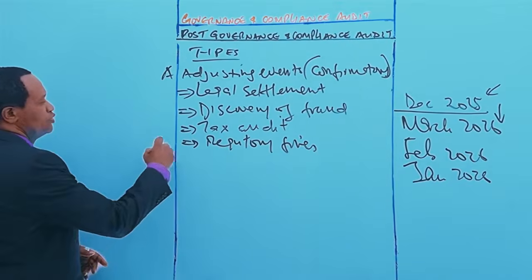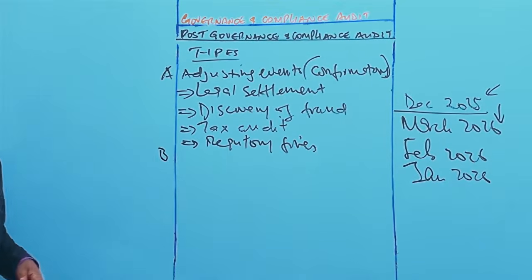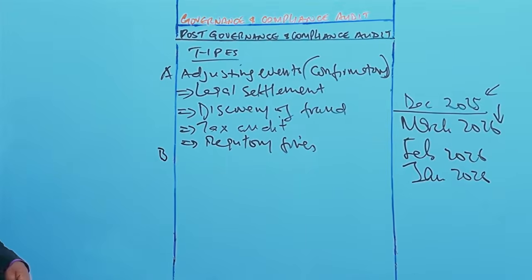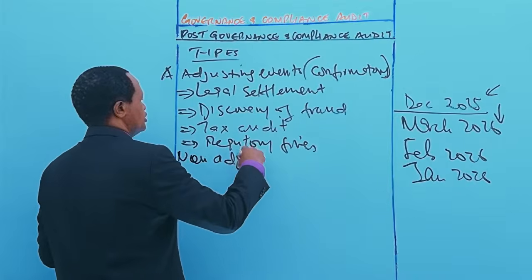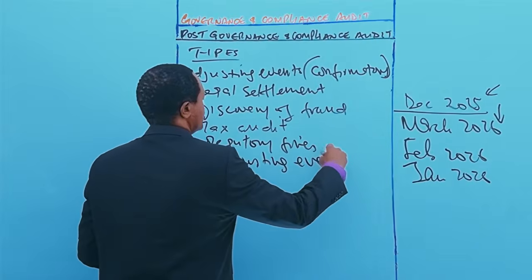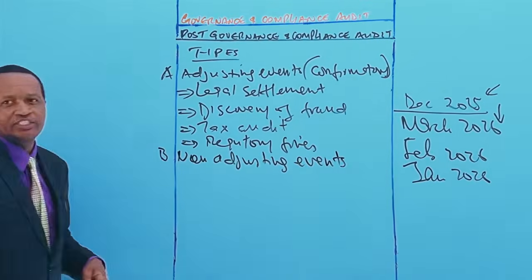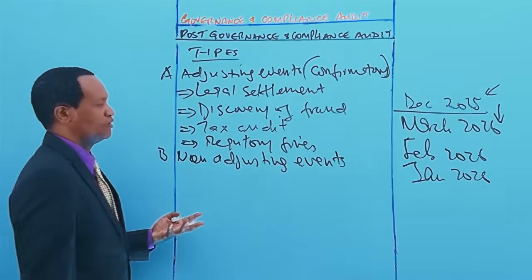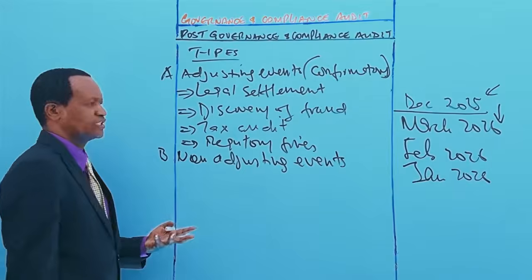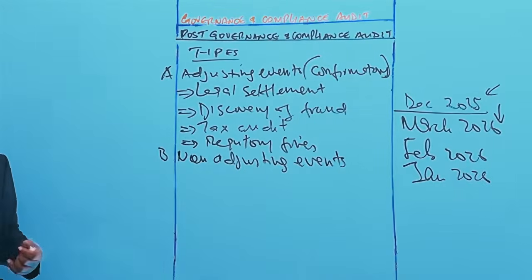So let's move to non-adjusting events. This is another type. Non-adjusting events are disclosures. These are new events that did not exist prior to the audit period.